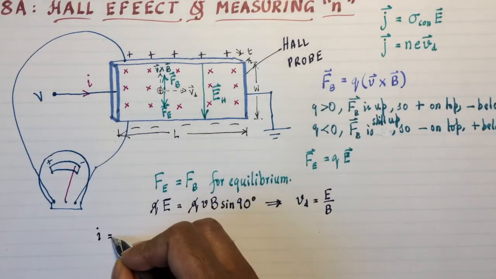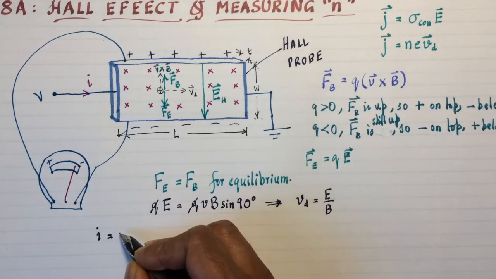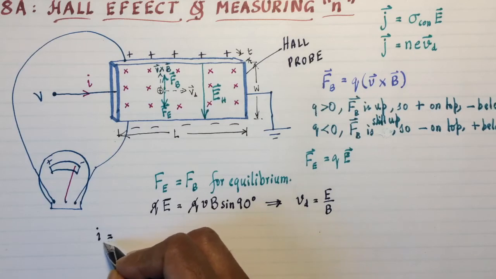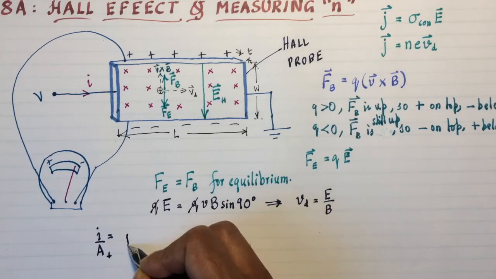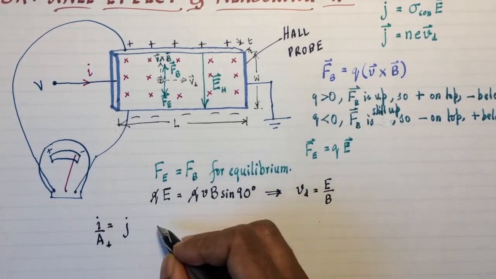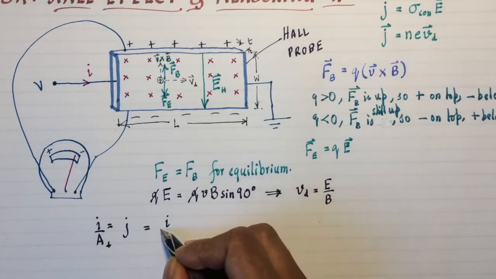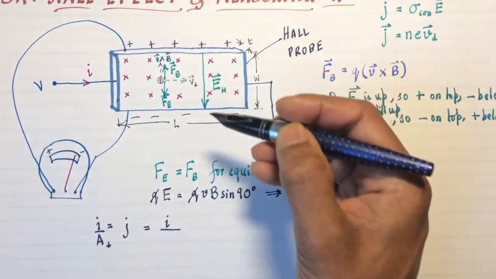So I is known, but I is related to J as follows. I over the area of perpendicular cross section is precisely J in magnitude. So this tells us that J is equal to the current, which is known, divided by the cross-sectional area.